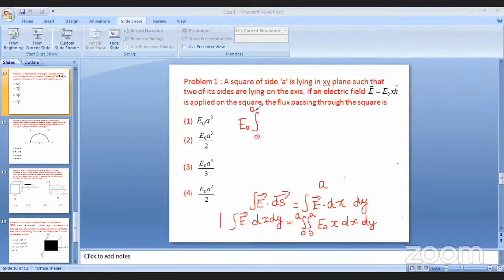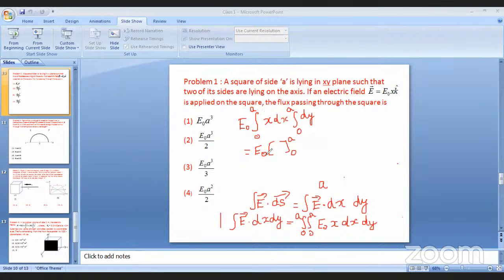Integral 0 to a of x dx, and integral 0 to a of dy. When you integrate this, you will be getting E naught into, applying integration, 0 to a, x squared by 2.